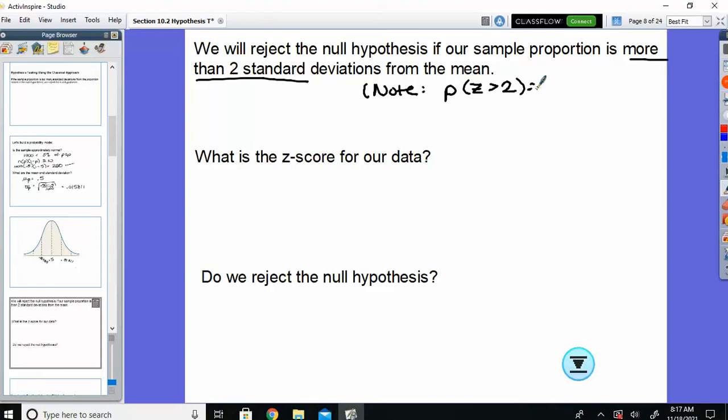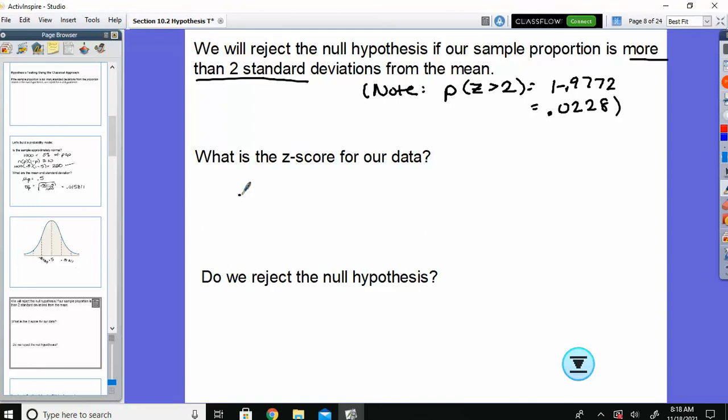So if our z is 2.0, and you would have to do, for greater than, 1 minus. And so we get 0.0228. So there is only a 2.28% chance of being more than 2 standard deviations above that. So is that enough to be unusual? Yeah, anything less than 5% is unusual. So that's why 2 standard deviations is one that we'll commonly use if we were doing the classical approach, because that would give us unusual data.